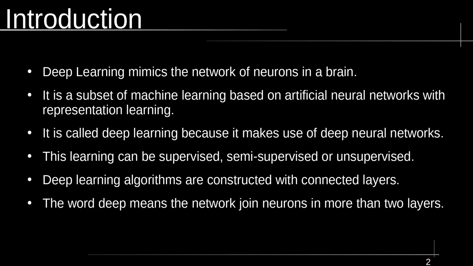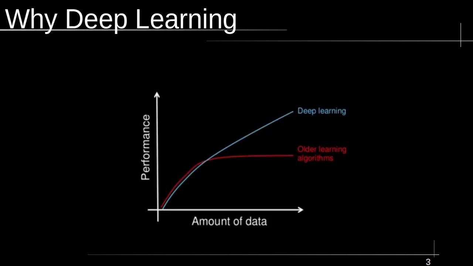So obviously on one side we have an input layer, in the middle we have hidden layers, and as output we have an output layer. So the word deep means the network joins neurons in more than two layers. So let's take a graph of why we should learn deep learning and why not machine learning.